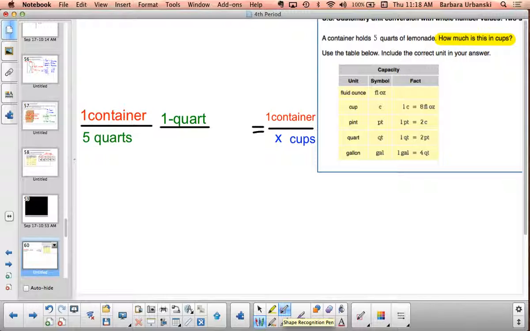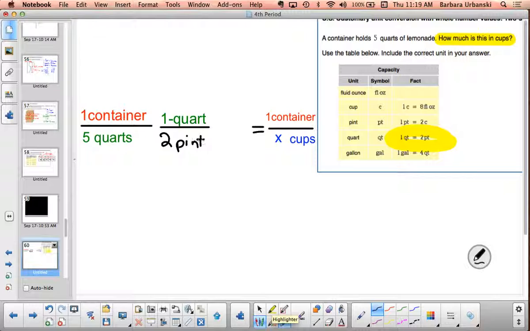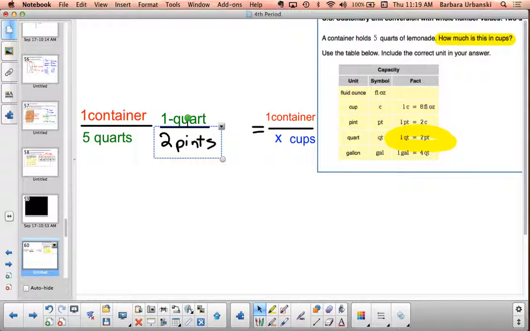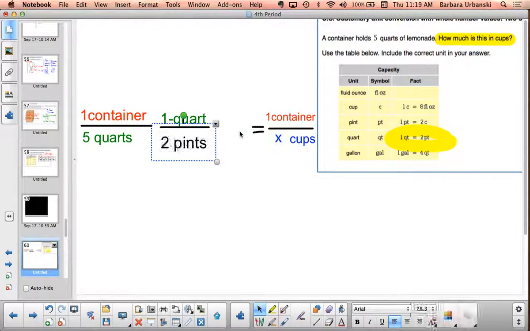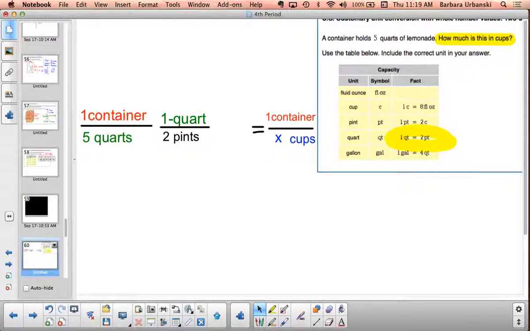So I could put 1 quart, and then I could put 2 pints over here. And we should realize that if we do have 1 quart, it does in fact equal 2 pints.